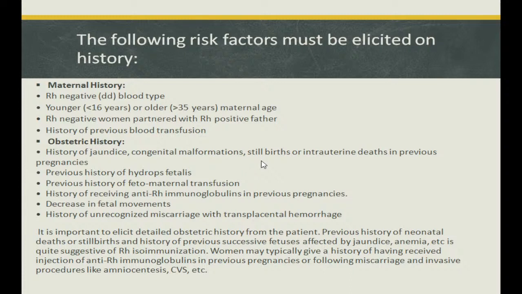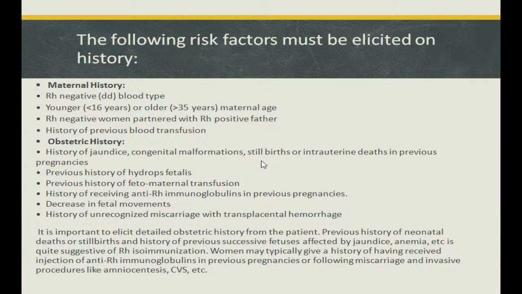So, previous history of hydrops fetalis, previous history of fetal-maternal transfusion, history of receiving anti-rhesus immunoglobulins in previous pregnancies, decrease in fetal movement. What has happened? Why does she have decreased movement? Because the fetus is suffering from hypoxia and distress, and it may even lead to death if we do not pay attention to this point.